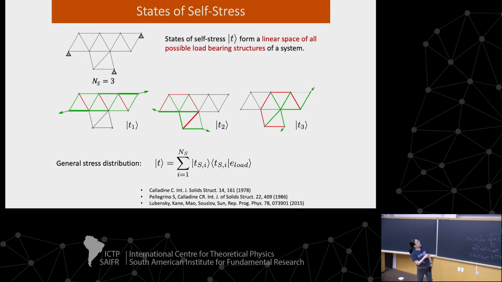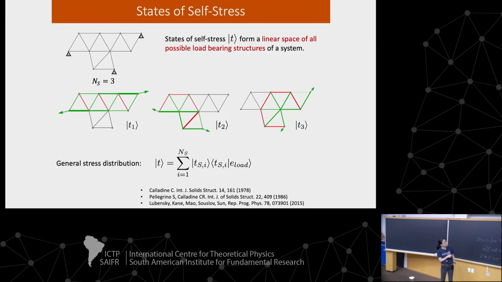Here I made another example where I add 1 more pin, so 2 more constraints. Before I added the last pin, I had 1 state of self-stress, which is the only way the system can become stressed. Now I add 1 more pin, and I have 3 states of self-stress. You can numerically calculate it. These are the only ways the system can become stressed.